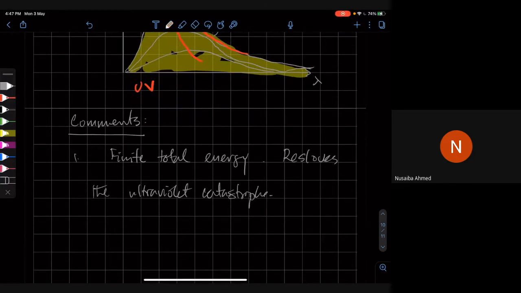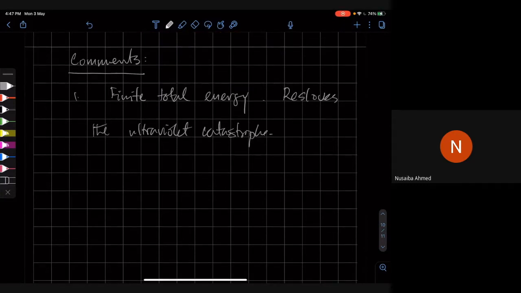The other thing is that you can work out what the maximum frequency is just by taking the derivative of the Planck distribution. The maximum frequency is related to the maximum wavelength by c over lambda. There's a factor of 2 pi there that I'm ignoring. You can just call this nu, and this is going to be a constant zeta times kB T over h.